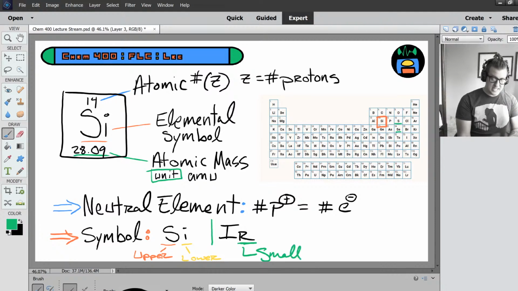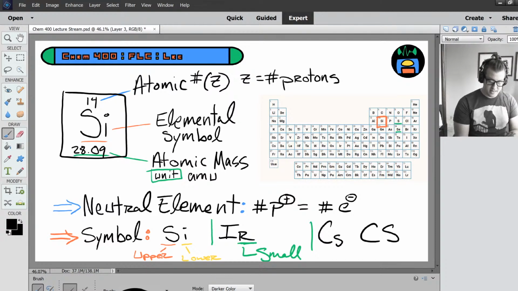The reason is there are elements out there like cesium, whose elemental symbol is Cs. And if you write these the same size, if you were writing cesium but you wrote CS, this is carbon followed by sulfur.